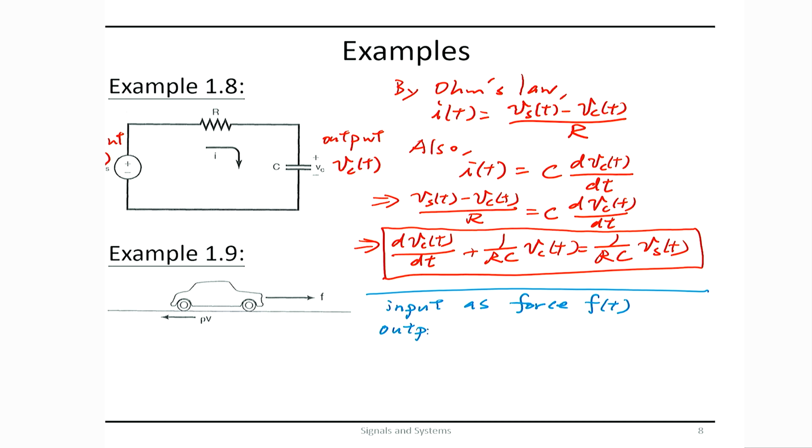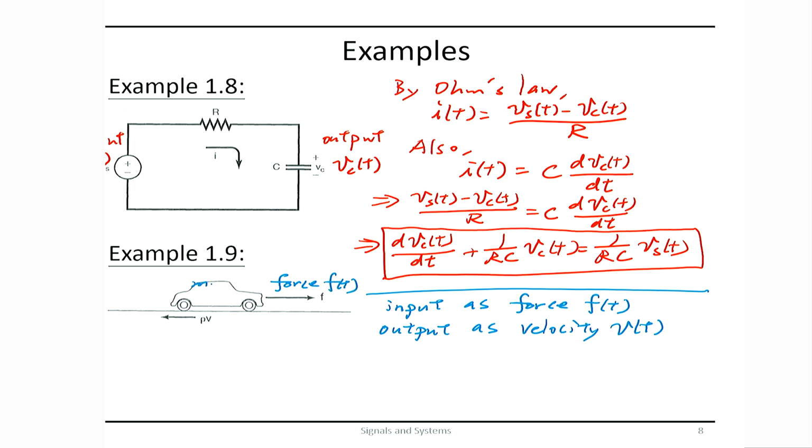So set the output as the velocity v of t. All right, so we have a force in this direction.